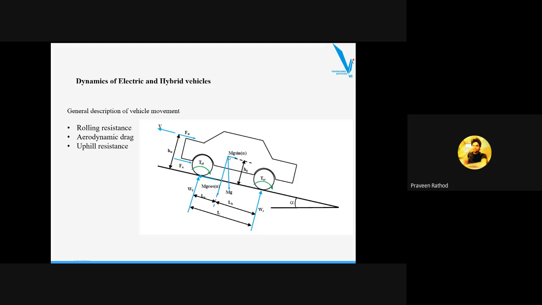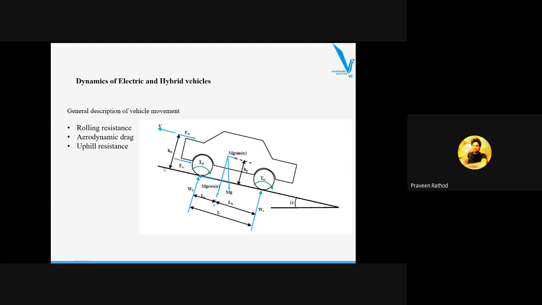If it is a flat road, CG acts in the downward direction because the center of gravity is over here. So this HA, we call it HW or HA. Okay, HA is equal to HG. HG is the height from the ground level to the center of gravity.